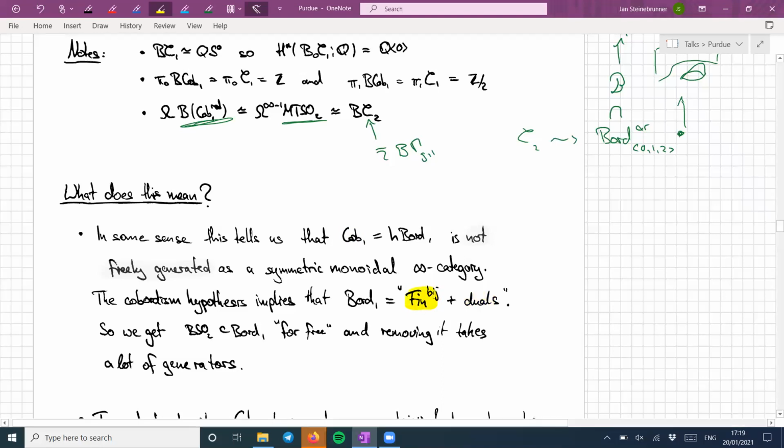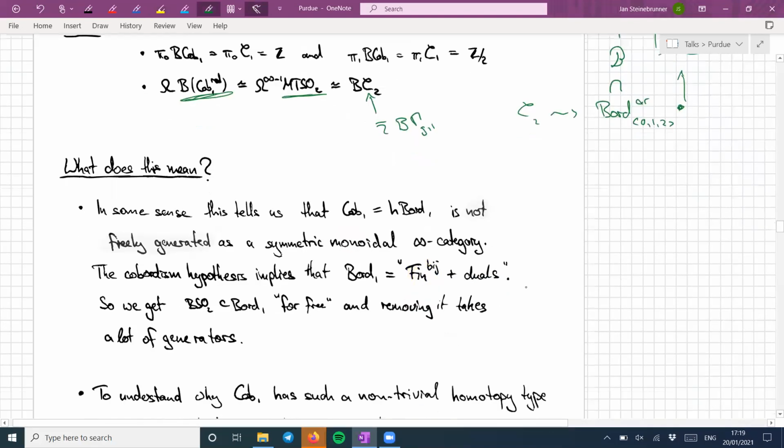So you're group completing all the symmetric groups, and what you get out is QS0, the result that we saw earlier. That thing is freely generated by a dualizable object and therefore fairly small, but even though you didn't put it in as a generator, it automatically comes with this BSO2. It comes with a circle, and the circle has these symmetries. You get that for free.